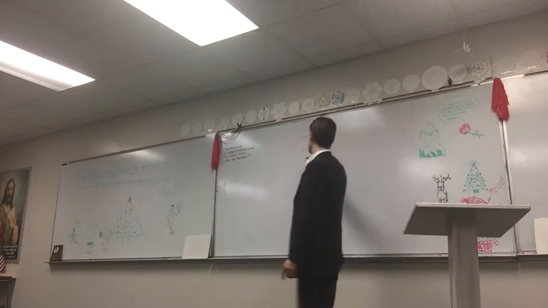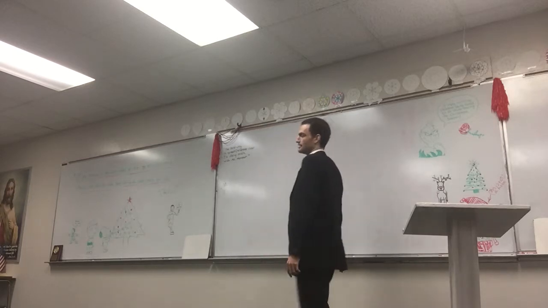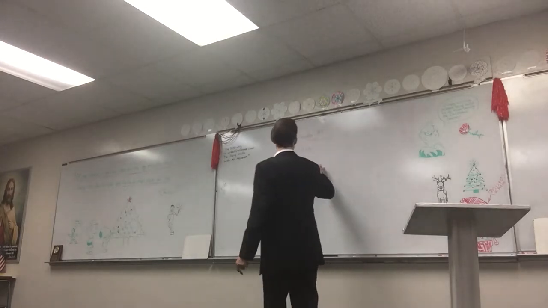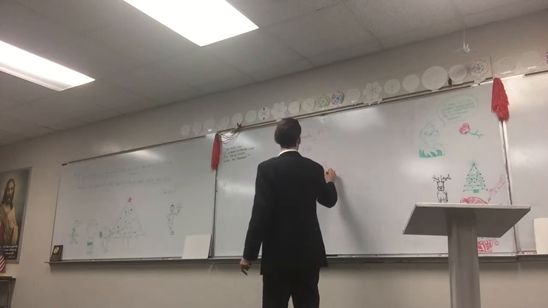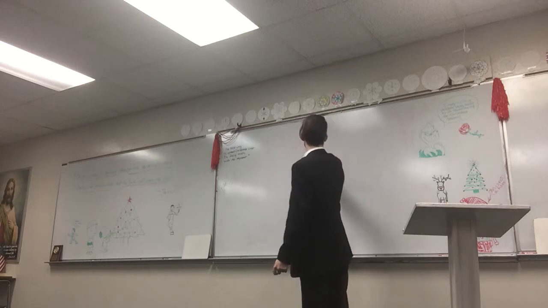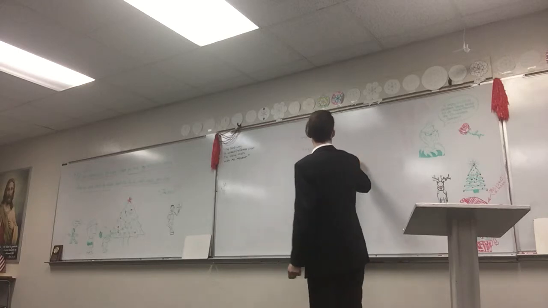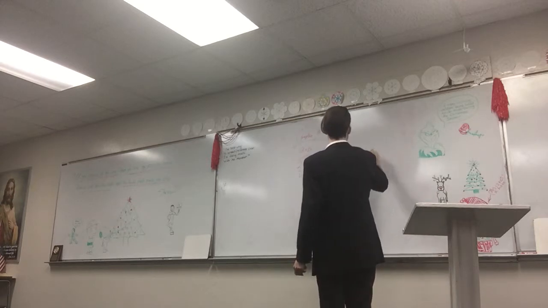Got it? If I have something like 2 plus 3i over 4 minus 2i, how do I get that into standard form? Multiply by the conjugate of the denominator. So I multiply by 4 plus 2i over 4 plus 2i. Now, the top I just FOIL: 2 times 4 is 8, plus 2 times 2i is 4i, plus 3i times 4 is 12i, plus 3i times 2i is 6i squared.